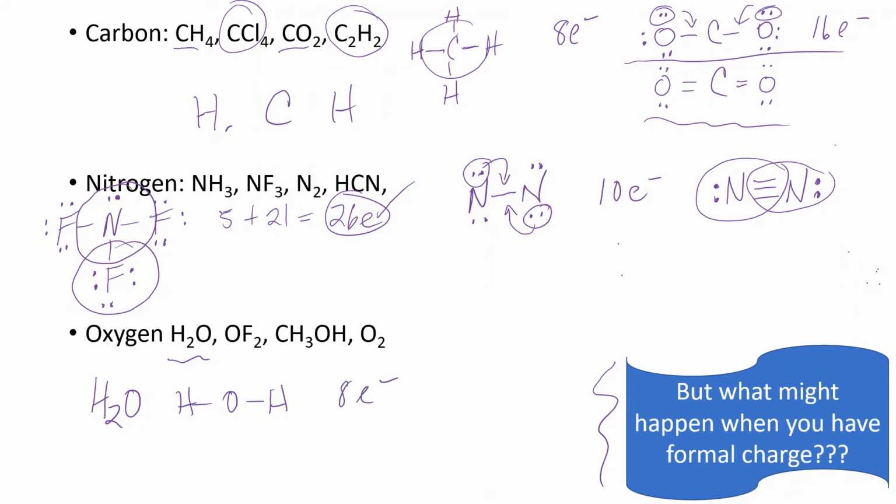Make a bonding pair. Put some lone pairs around water. 2, 4, 6, 8. This looks quite nice because we have an octet around oxygen. We've used the appropriate number of valence electrons. What was my point? Oxygen likes to make 2 bonds and have 2 remaining lone pairs. Also honored here. Yay.